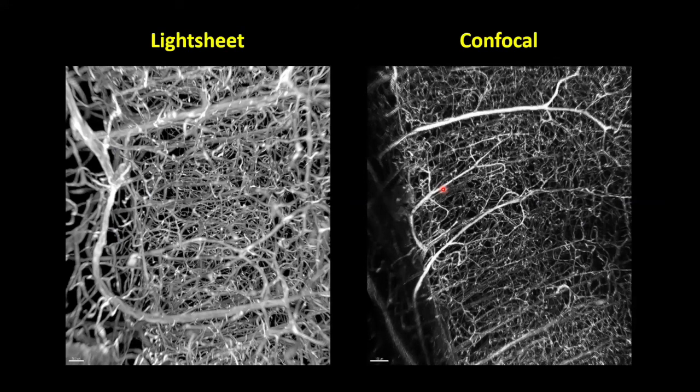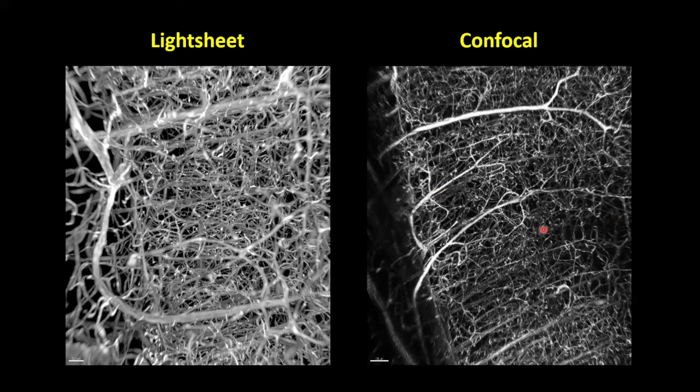You can see the fine detailed structure with the light sheet, but with the confocal, the entire structure has been destroyed. Also, in the way you put the sample in the instrument, the light sheet can image the sample even with a 360 degree rotation, but the confocal usually puts the sample on the stage, which is only X and Y.